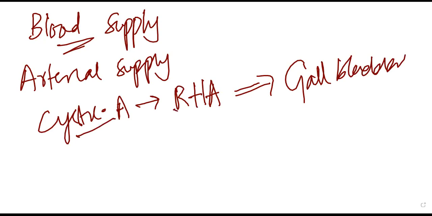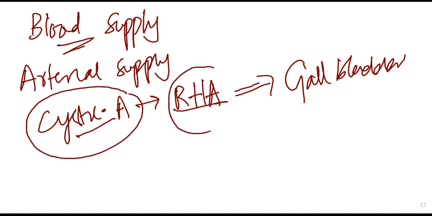As I told you in the previous lecture on the liver, the cystic artery is a branch of the right hepatic artery, and it supplies oxygenated blood to the gallbladder.